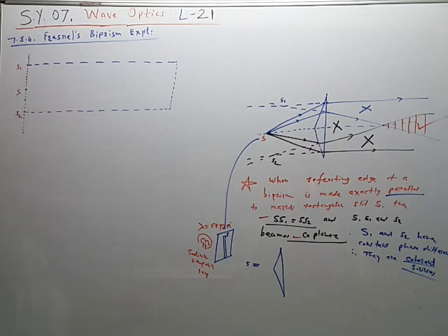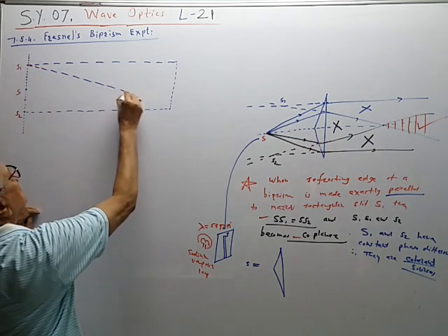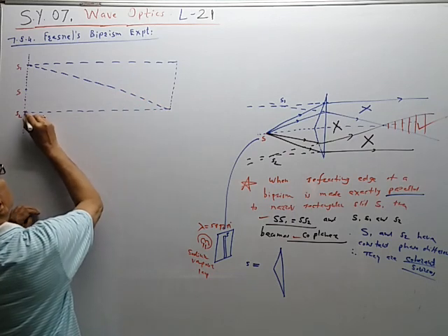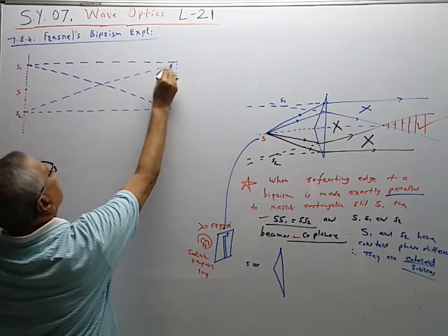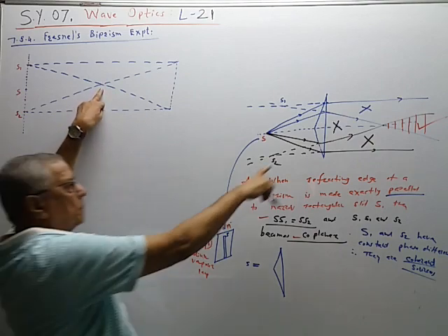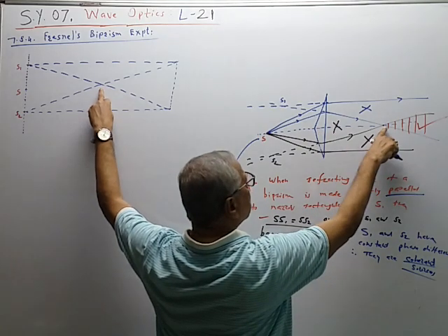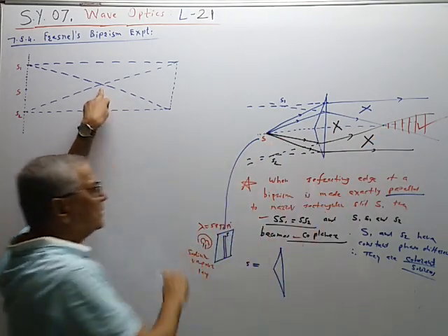Now complete the dotted rectangle, draw the dotted diagonal. Like this. So this is the point of crossing. The biprism is kept between this point of crossing and the slit, nearly midway.